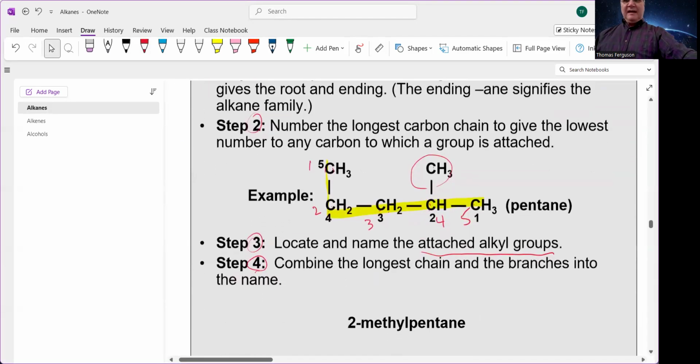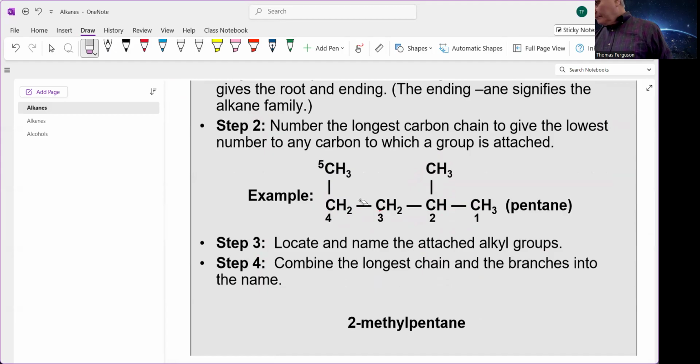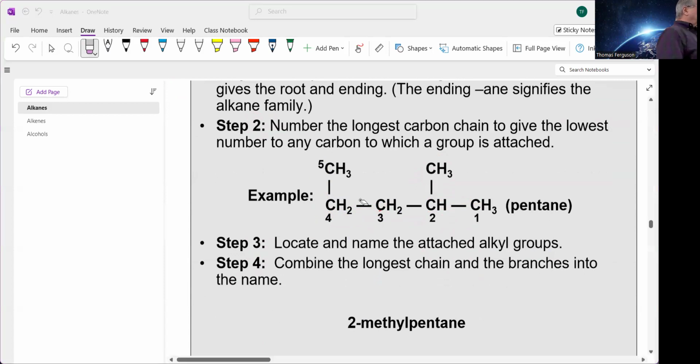All right, so let's name this guy. Step number one is always look at the backbone. What is the longest carbon backbone?